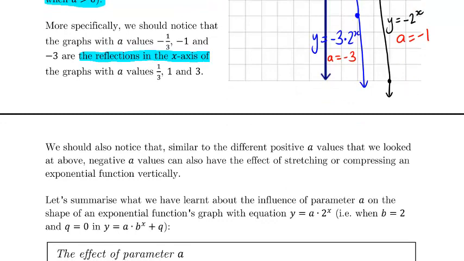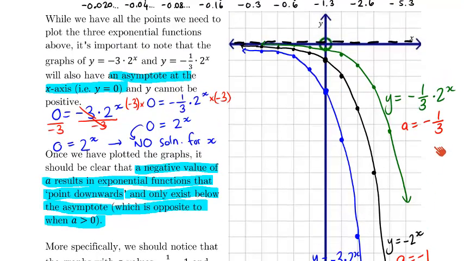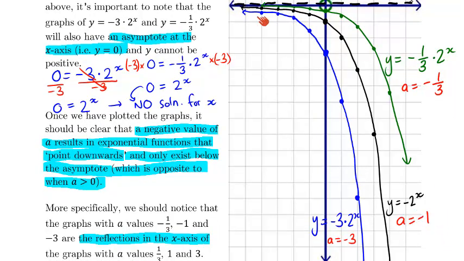Okay, what else should we notice? Well, similar to the different positive a values that we looked at above, negative a values can also have the effect of stretching or compressing an exponential function vertically. Guys, let's just quickly have a look at that. Please notice that when a equals minus 1 over here, we had the reflected version of the classic function.